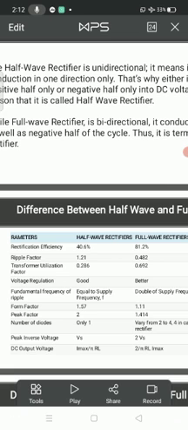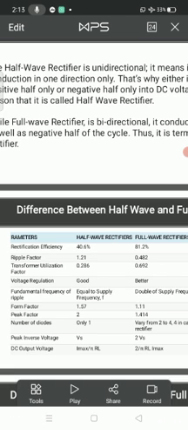So in this way, the number of diodes used in half wave and full wave rectifiers: in half wave rectifiers only 1 diode, in center tap full wave rectifiers 2, and in bridge type full wave rectifiers 4. Next, peak inverse voltage.